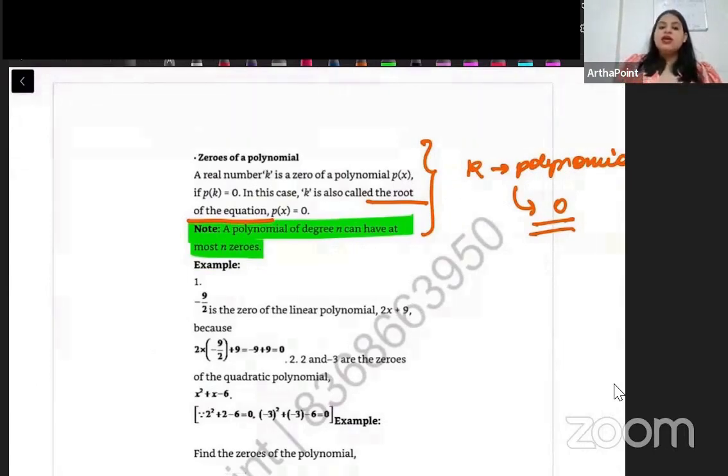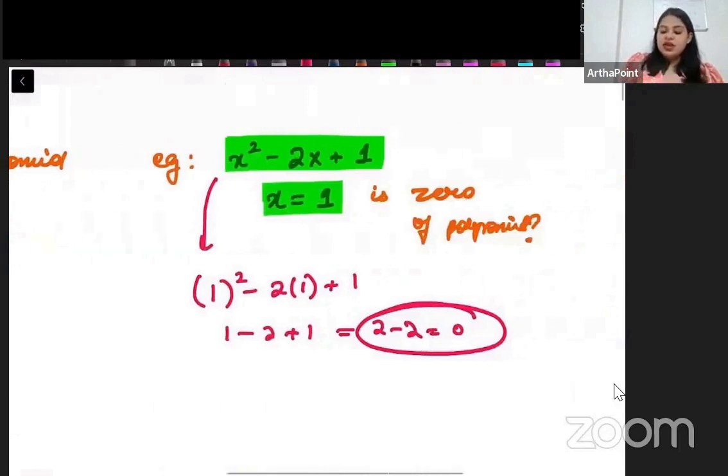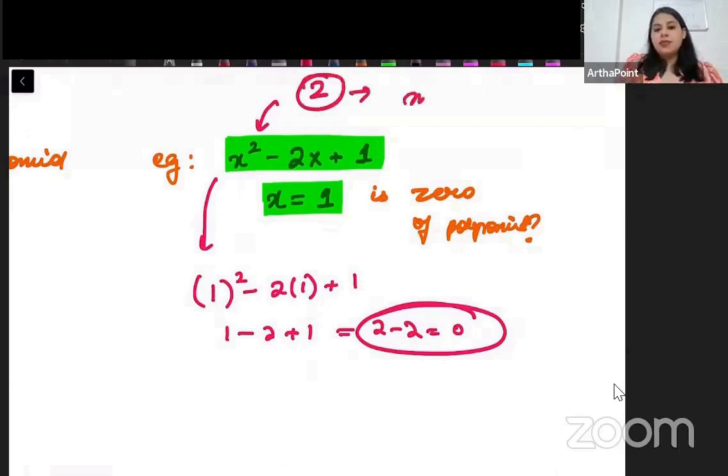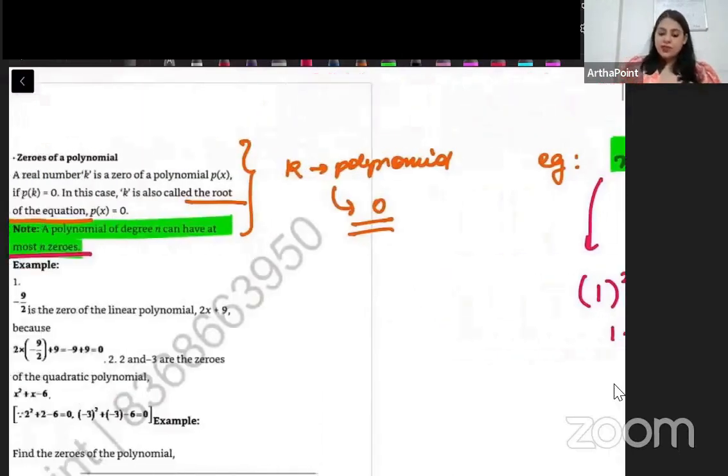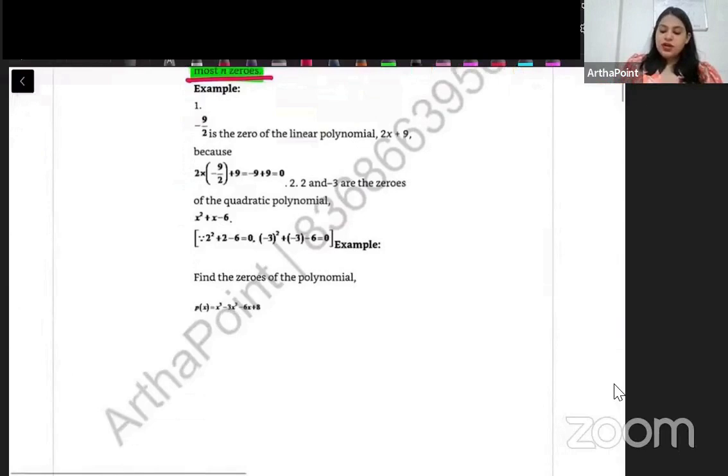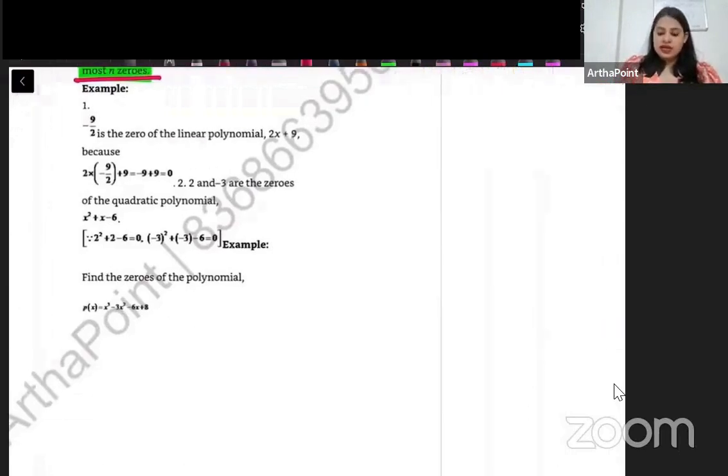Now we are saying that a polynomial of degree n can have at most n zeros. That means if the highest degree is 2, then the maximum number of zeros that can exist will be 2. You cannot exceed 2 zeros. Okay, now let us take another example.